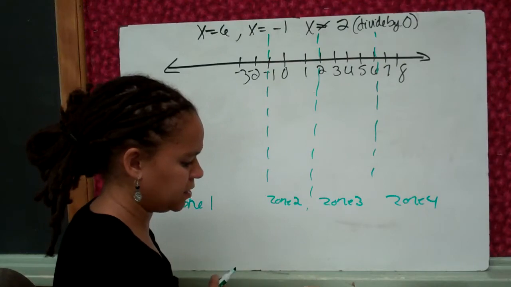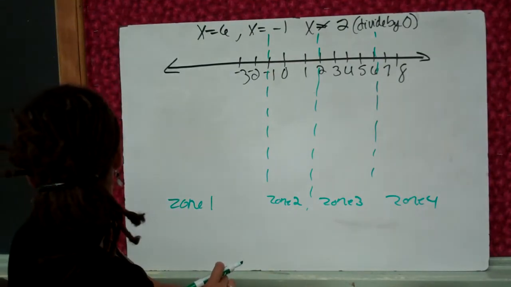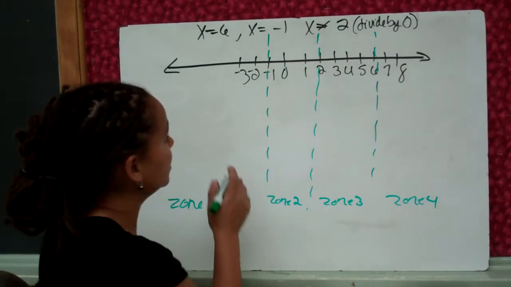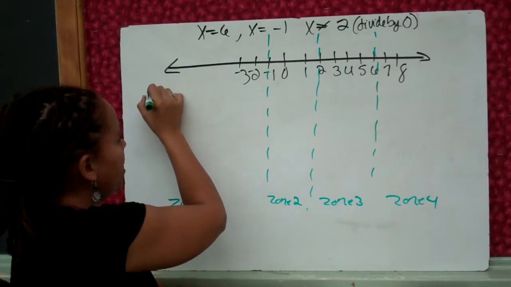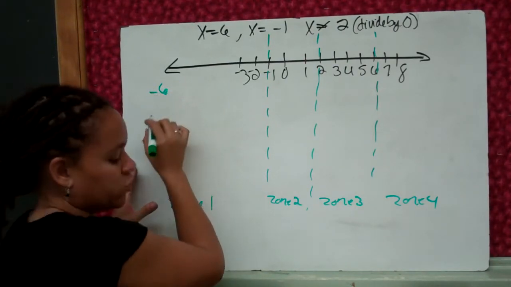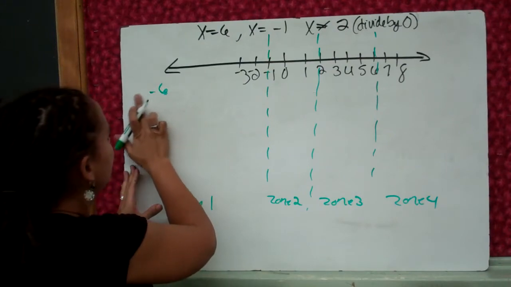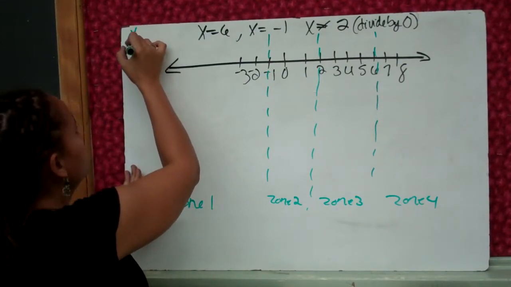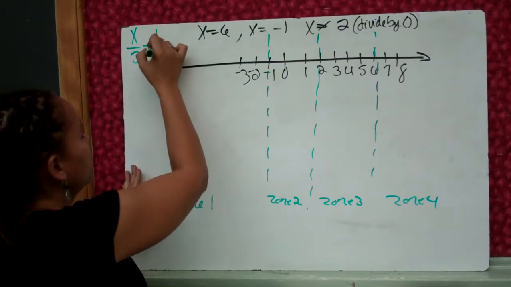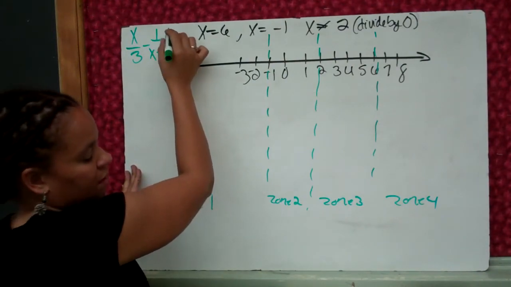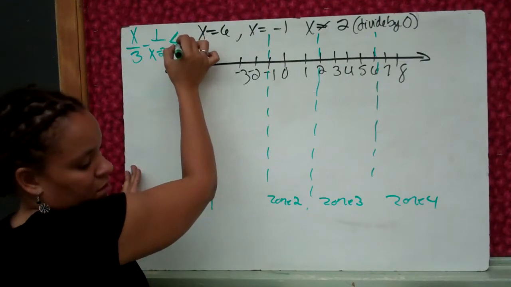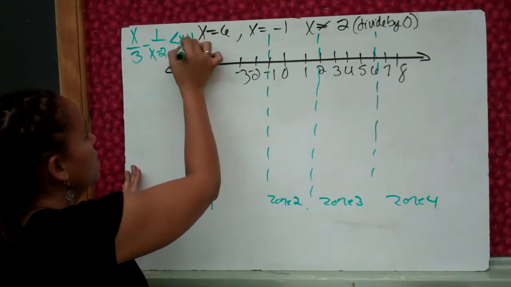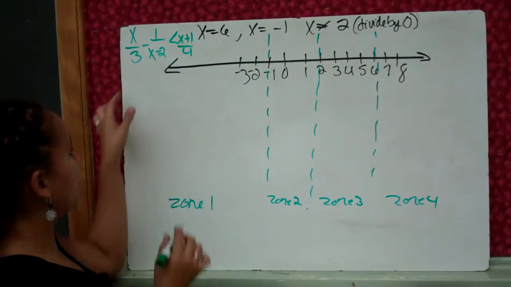I picked negative 6. So I have negative 6 in the original equation, and let's write the original equation so we can see it. It was x over 3 minus 1 over x minus 2 is less than (x plus 1) over 4. All right, I'm going to pick negative 6.